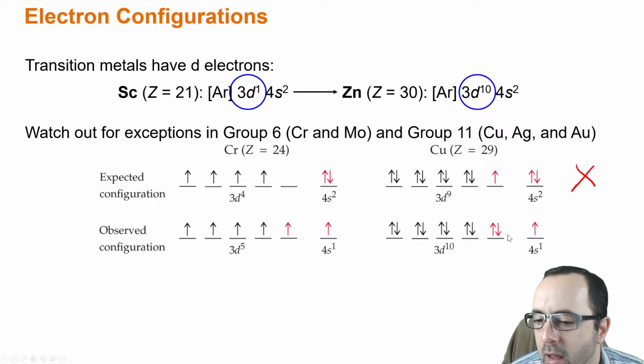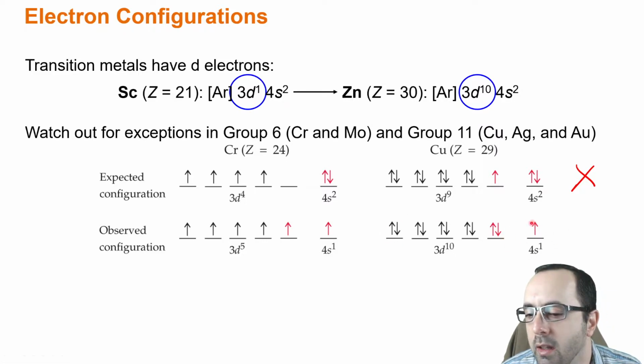Instead, because these are so close in energy, one's going to jump up, or basically fall down. 3d is slightly less in energy, and there's a special stability with this full shell versus an almost full one. So the electron moves over and occupies the 3d orbital, filling it up, and we have 1 in the 4s. That's true for group 11.